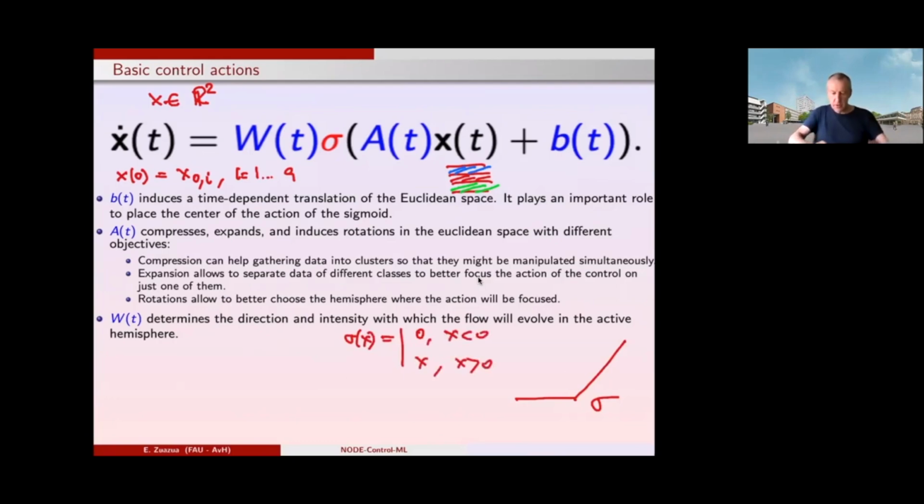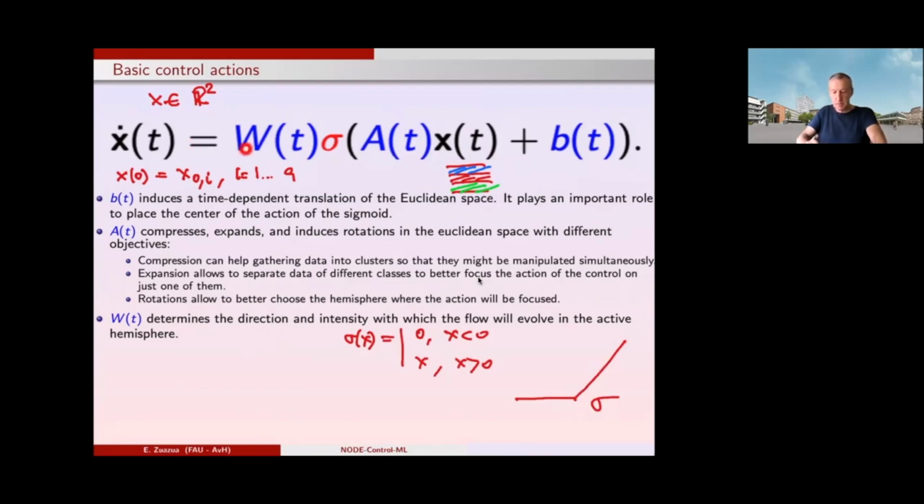So this differential equation will read either x prime equals 0, as soon as x is such that Ax plus B is negative, or it will be linear.